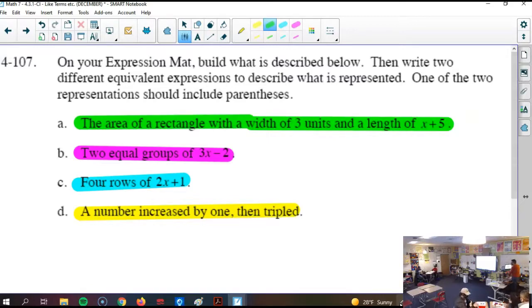I might suggest that you skip A. If you understand what A is asking, go ahead and try it. But you might want to skip it. It's a little difficult.